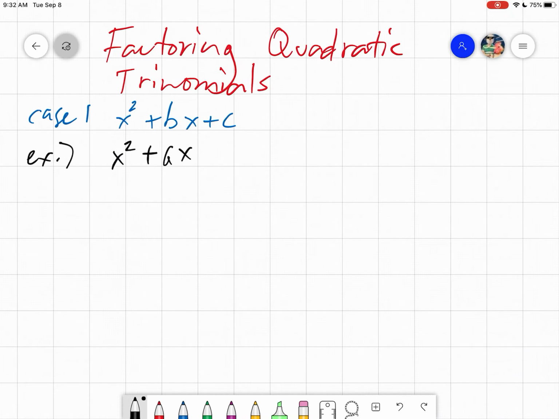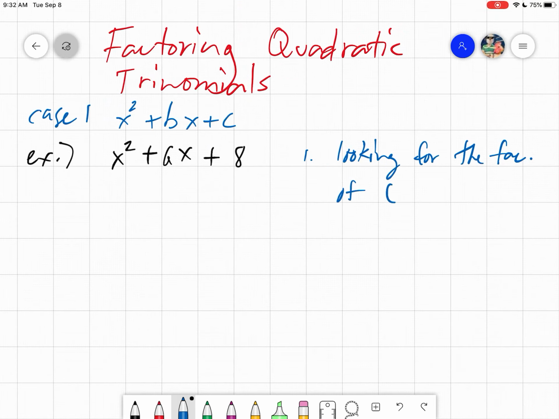Say we have x squared plus 6x plus 8. In this case, our first step is looking for the factors of c, our 8, that have a sum of b. So we look for the factors of 8 that, when we add them, give the sum of b.